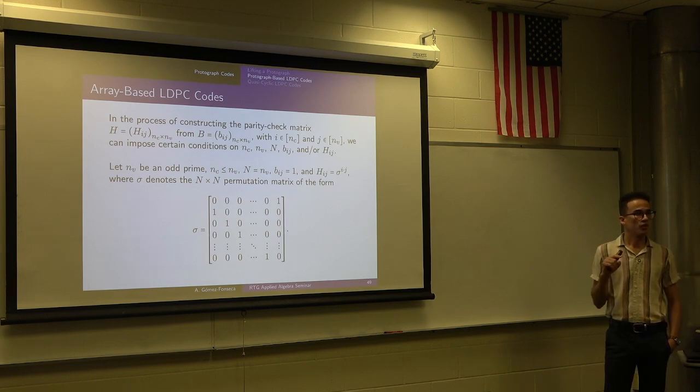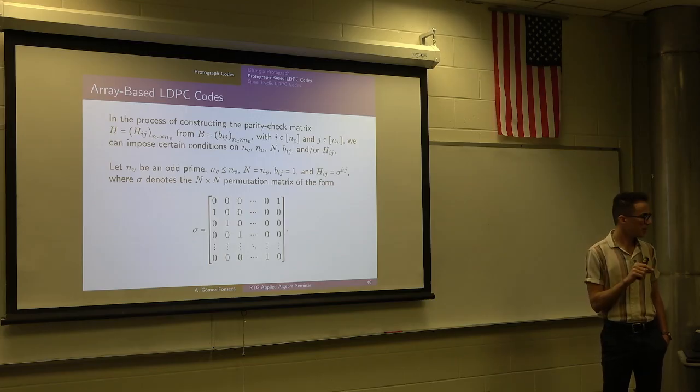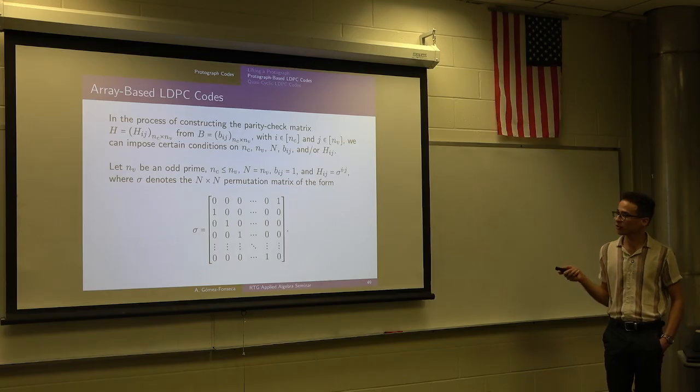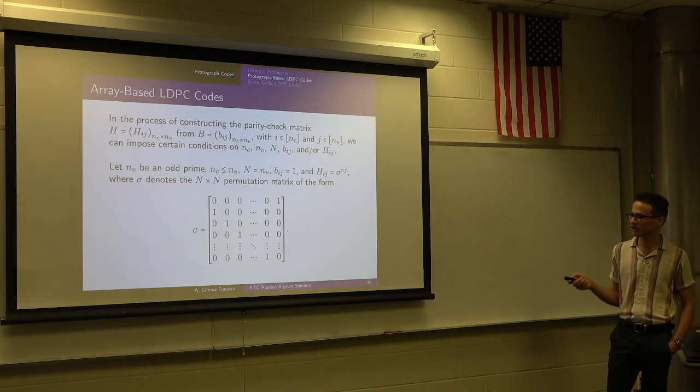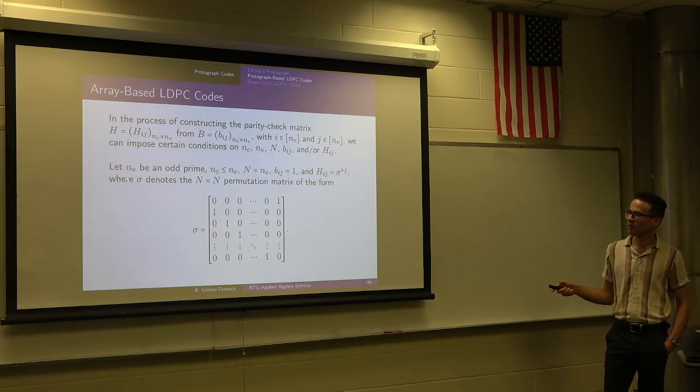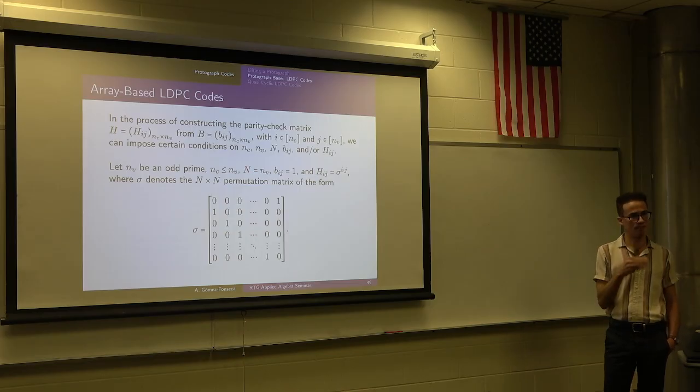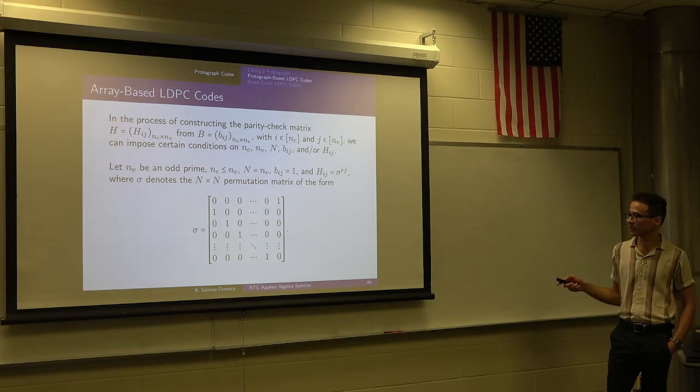Okay, so now you can choose specific permutation matrices to do this graph cover. What I'm going to do is first impose some conditions on the parameters. I will impose a condition that the number of columns in the protograph, NV, is an odd prime. We usually have at least the same number of columns as rows. This lifting factor n is going to be equal to exactly the same number of columns.